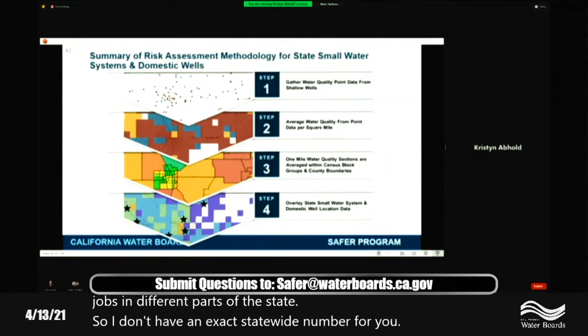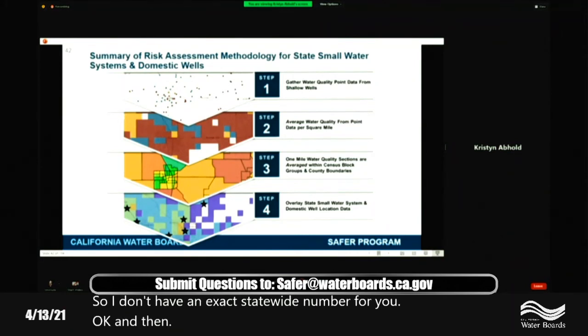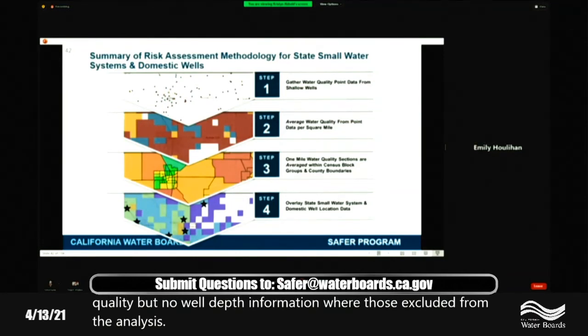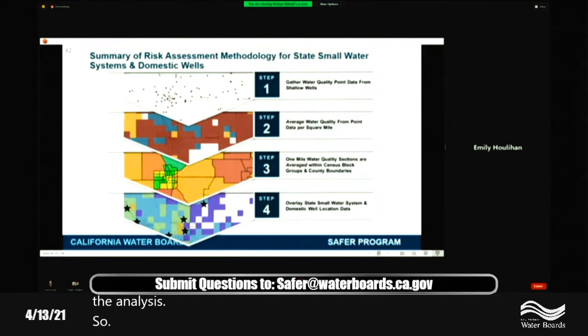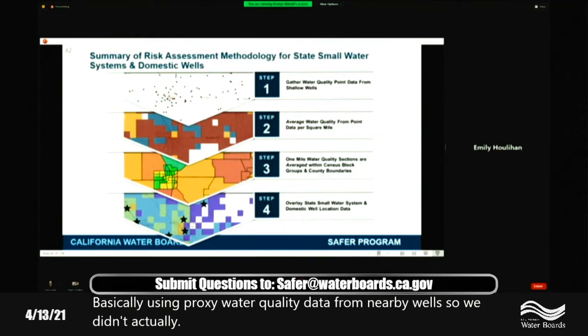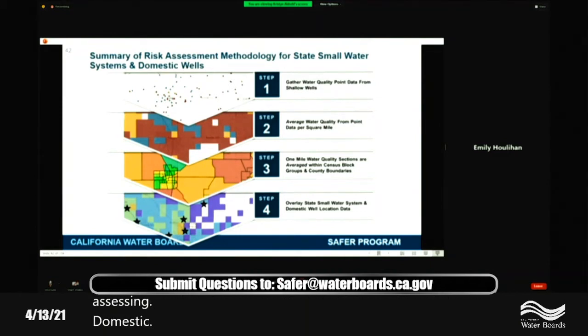Okay. And for state smalls and domestic wells that have water quality but no well depth information, were those excluded from the analysis? This is just a source water quality analysis, basically using proxy water quality data from nearby wells. Unlike public water systems, we're not individually assessing domestic wells or state small water systems.